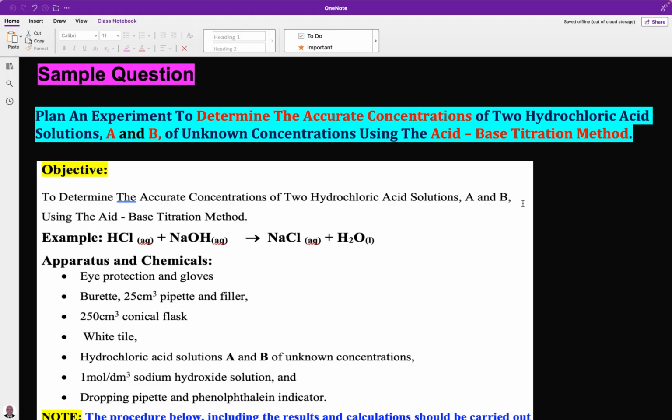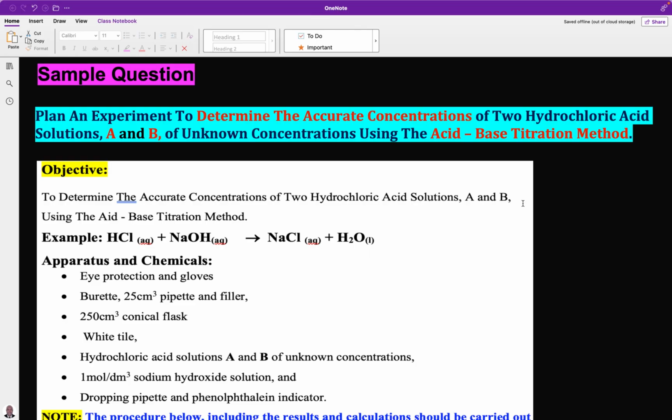We will need white tiles. We will need hydrochloric acid solution A and solution B of unknown concentrations. We will need 1 mole per dm cube sodium hydroxide solution. And finally, we will need a dropping pipette and a phenolphthalein indicator.